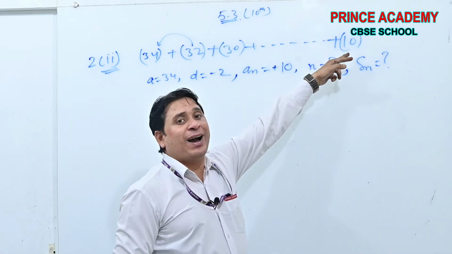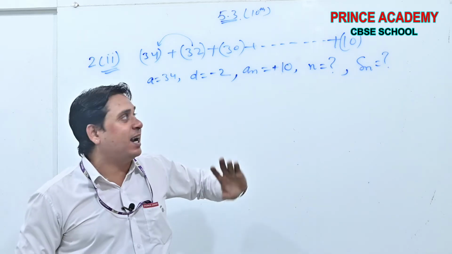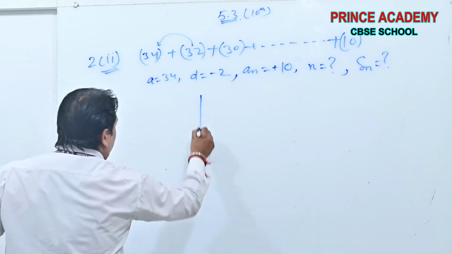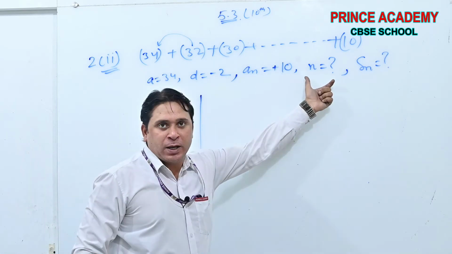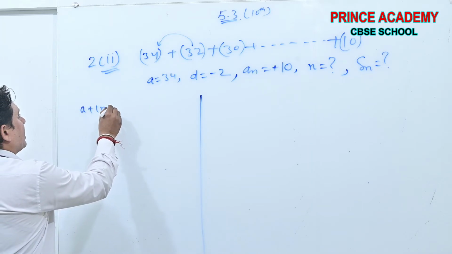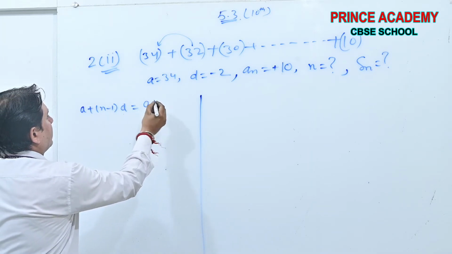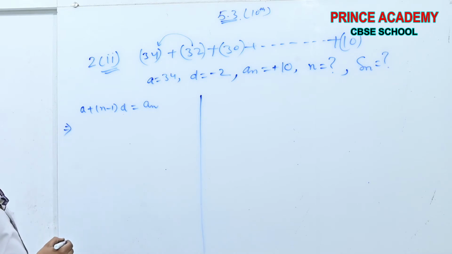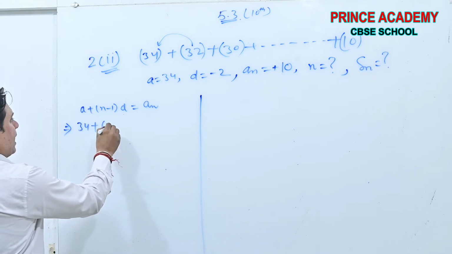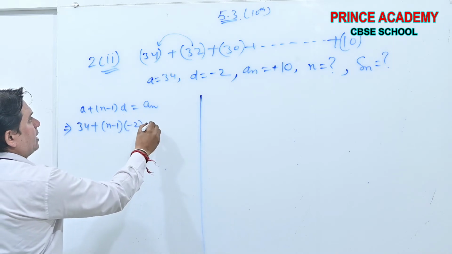Therefore, first we will find N and then we will find Sn. Okay, see. And you all know how we can find N. You all know the general term formula: A plus n minus 1 d is an.